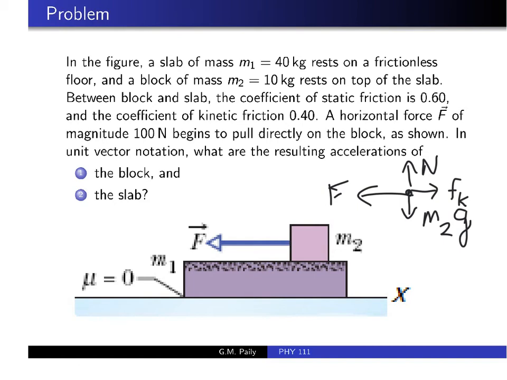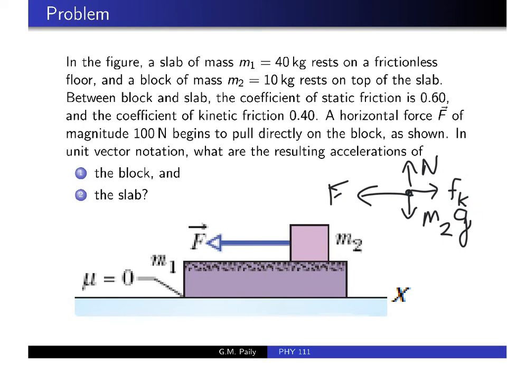Okay, so how much is the frictional force? Since we're dealing with kinetic friction, we look at the normal force, which we know is 100 newtons, and the kinetic friction coefficient, which is 0.4. So we see that the kinetic frictional force will be 0.4 times 100, 40 newtons.